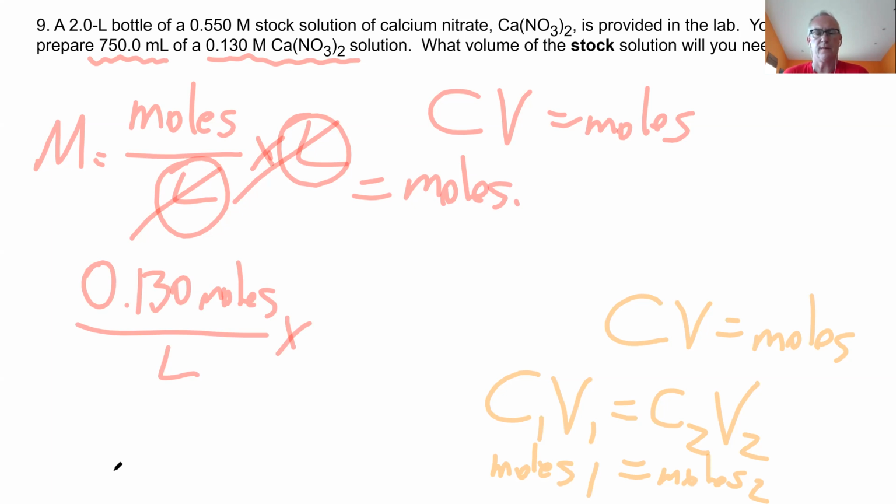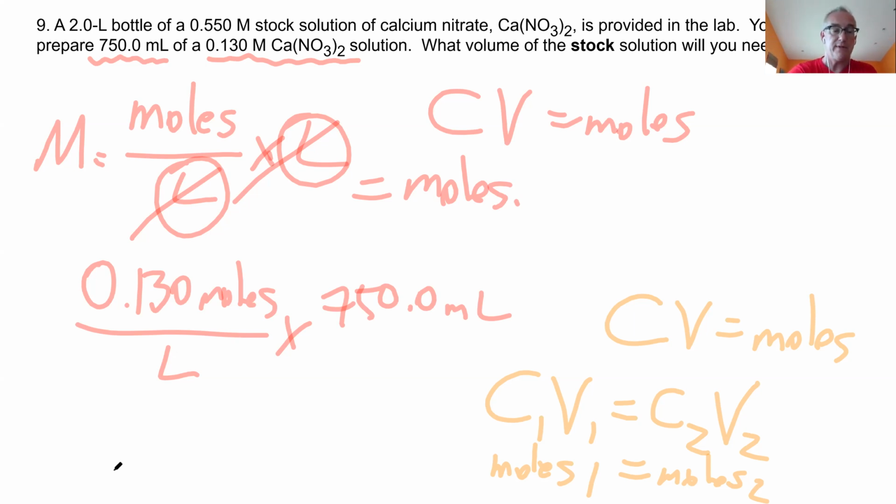What's the volume we're going to be using? 750.0 milliliters? Yeah, there you go. Times 750.0 milliliters. But you see, the problem we have here is that milliliters doesn't cancel with liters, so we can't cancel those units out.